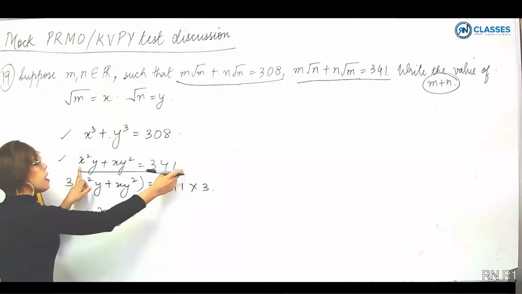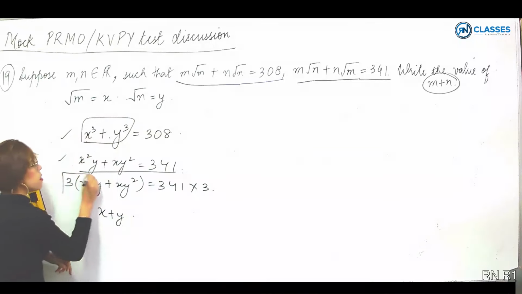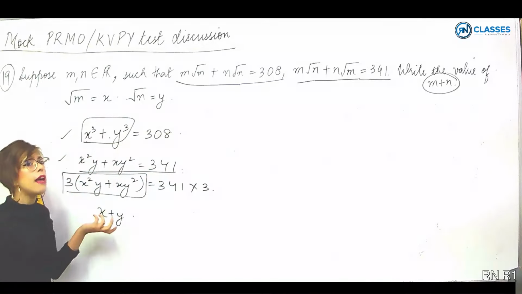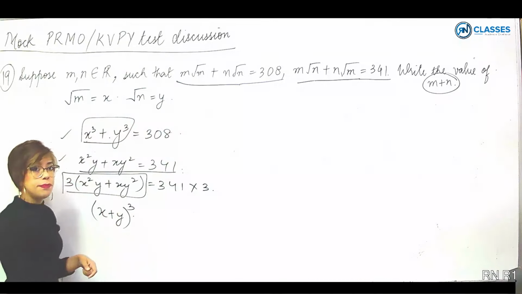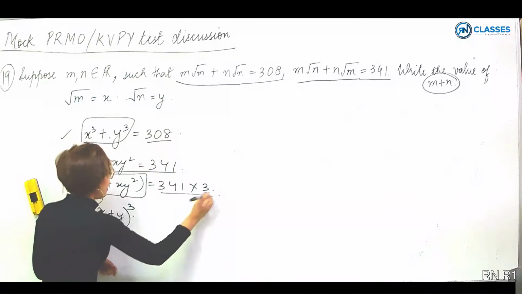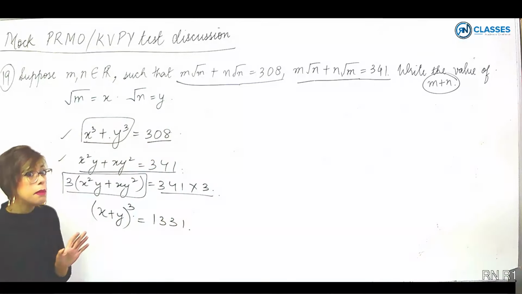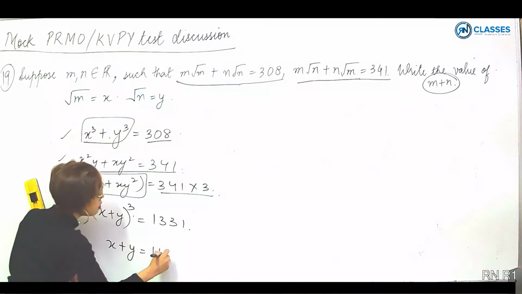I multiply the entire equation by 3. Now look at this term and this term. If I add these two, I will get the identity x plus y whole cube. And this, if I add, I will get 1331, which is nothing but 11 cube. That means you know the value of x plus y, which is 11.